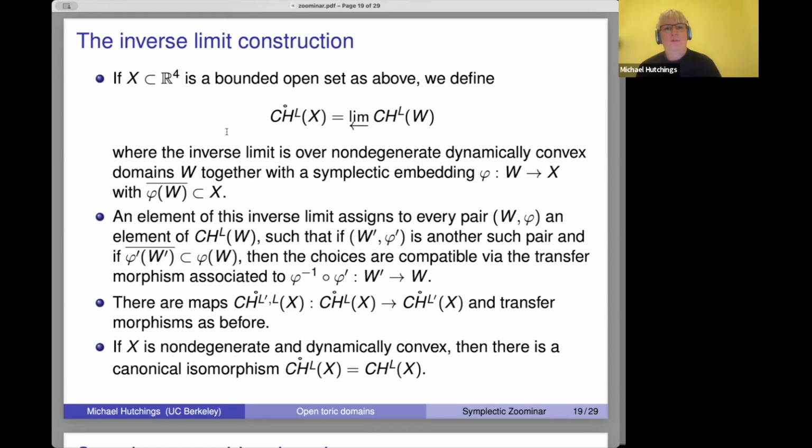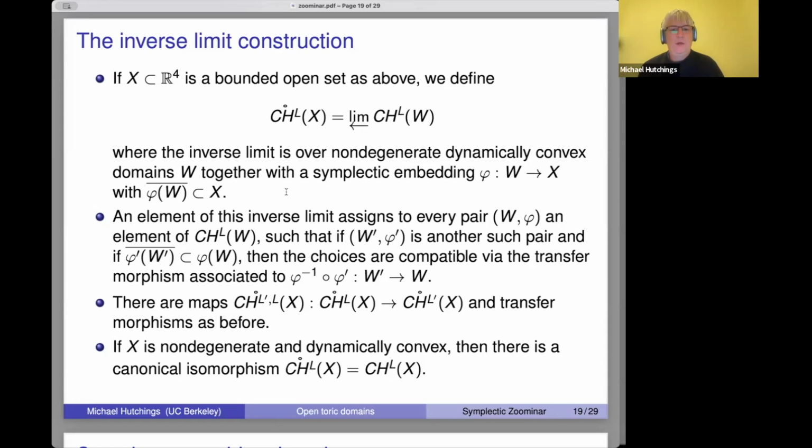As an inverse limit of CHL of W, where W is a non-degenerate dynamically convex domain, together with an embedding into X. And what is an element of this inverse limit? That means that for every W and every symplectic embedding into X, you pick an element of CHL of W. And those different elements have to be compatible under transfer morphisms.